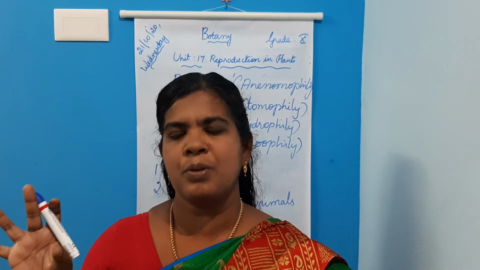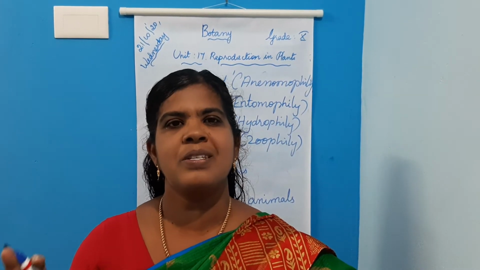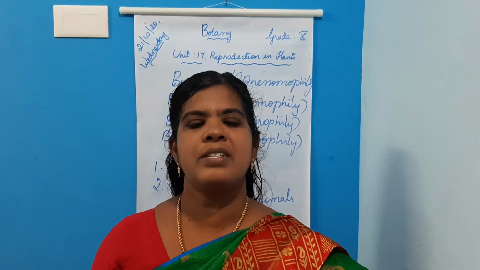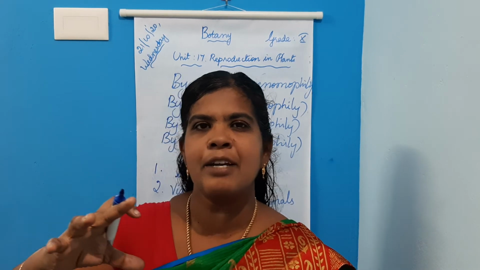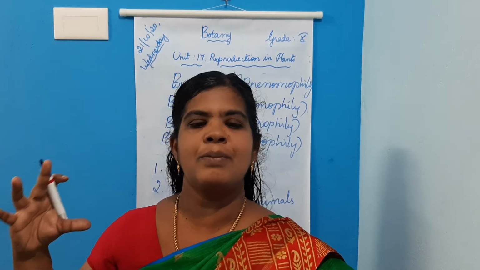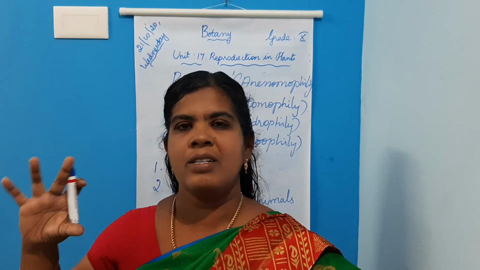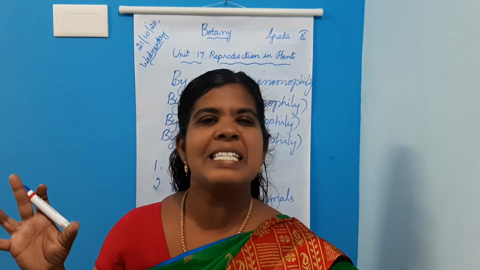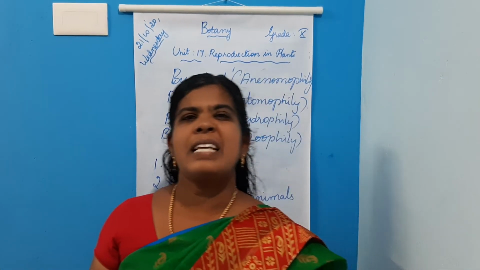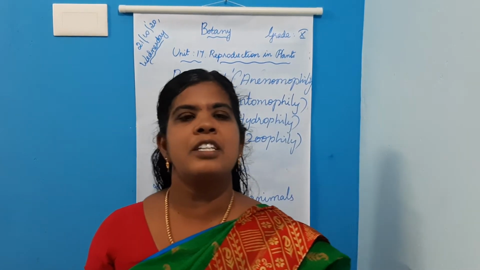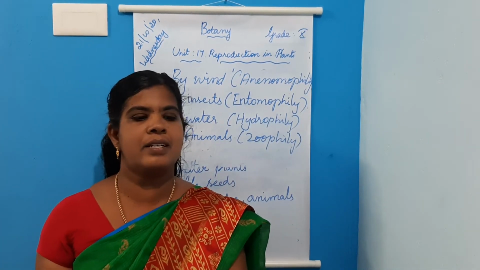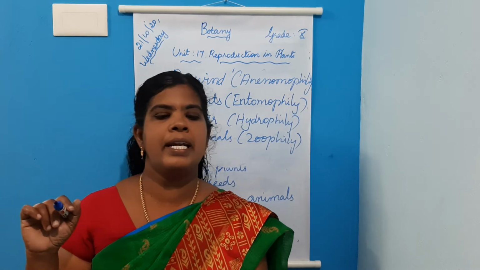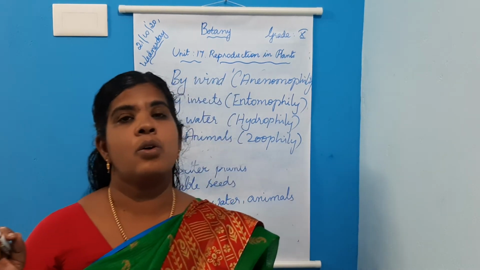These flowers also possess certain characteristic features, such as being brightly colored. If they are bright, they can attract animals. They are brightly colored, larger in size, have scent, etc. For example, the sunbird pollinates the flowers of canna and gladiola, etc. Then the squirrel pollinates flowers of the silk cotton tree.